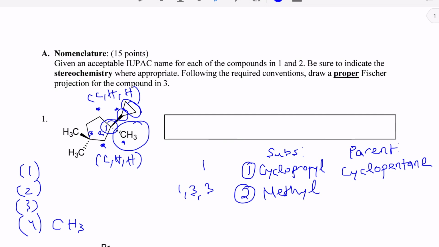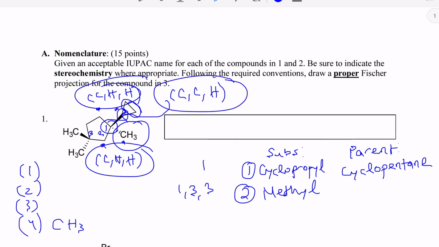But when we look at the carbon right here, the carbon that is attached to the group that is going out of the page, the cyclopentyl substituent, we find that that carbon is actually attached to 2 other carbons and a hydrogen atom. So this tells us something. The other 2 groups have only 1 carbon, right? Out of the 3 that we've chosen for each of these atoms, only this one has 2 carbon atoms attached.